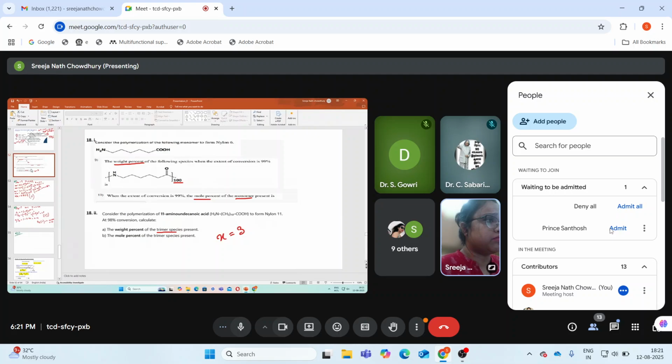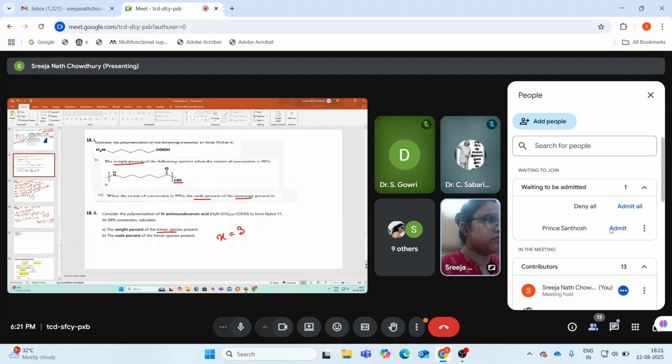And for non-linear step polymerization, P critical is the conversion above which gelation will occur. It is 2 by F average. This is the whole formula for the external catalysis of step growth polymerization. So next problem 19.1.